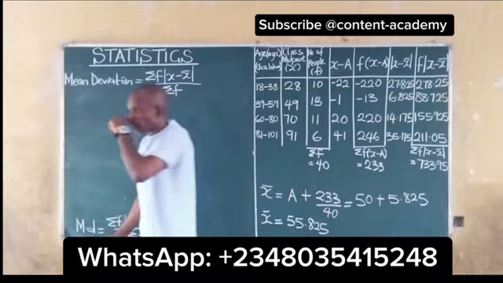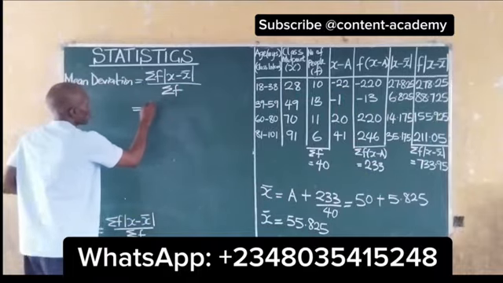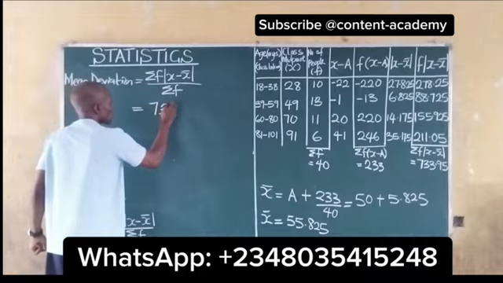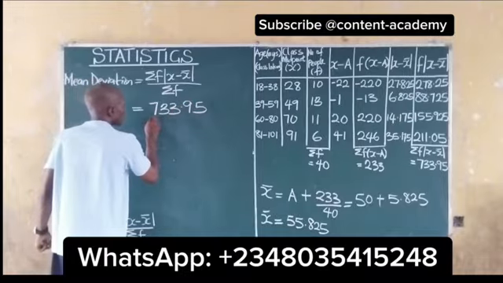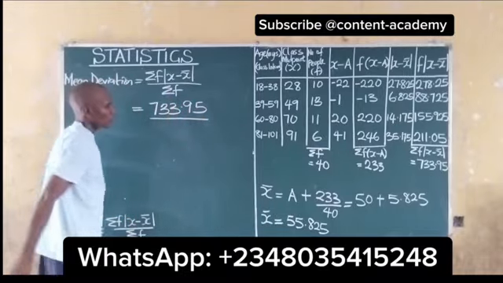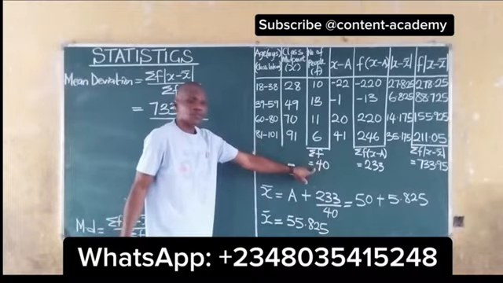So we have 733.95 divided by summation of f. Our summation of f here is 40.